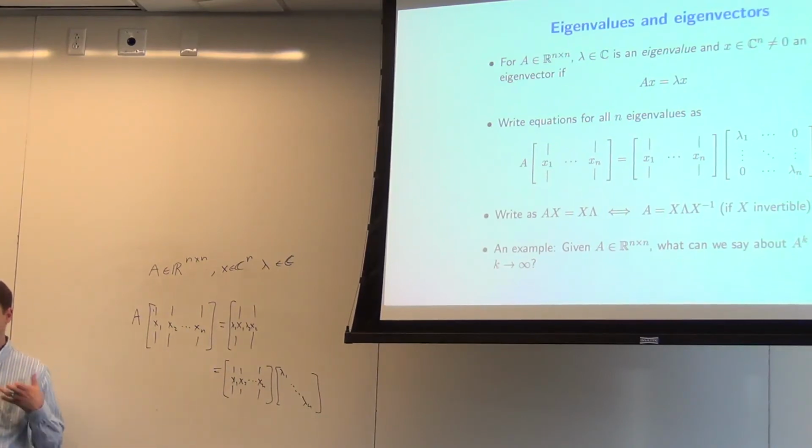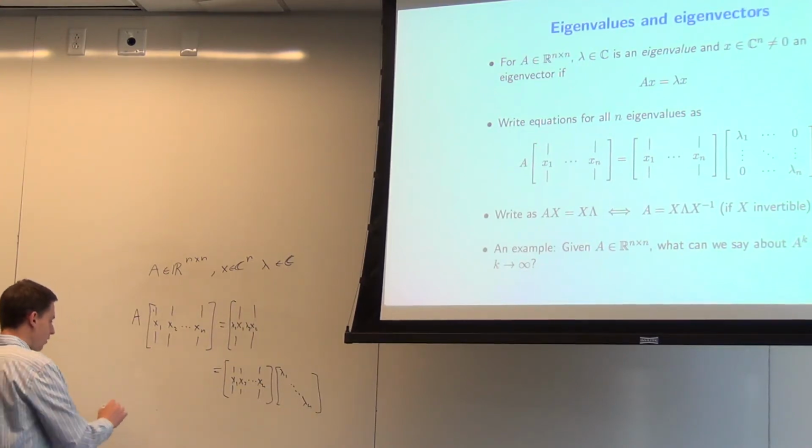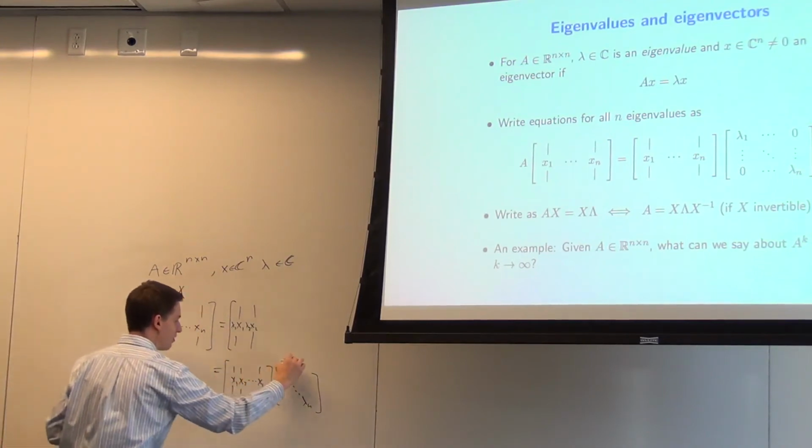I'm just using that trick of scaling the columns as multiplying by a diagonal matrix. Let me call this matrix X, and I'm going to call the diagonal matrix lambda.